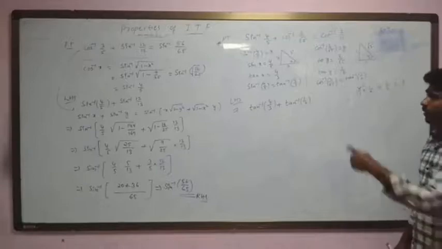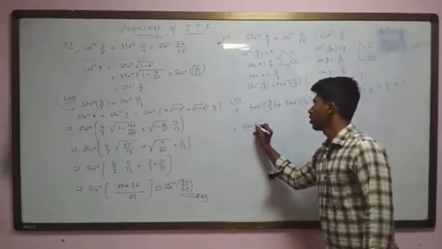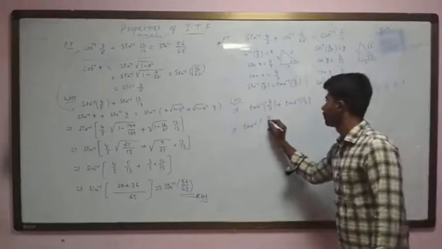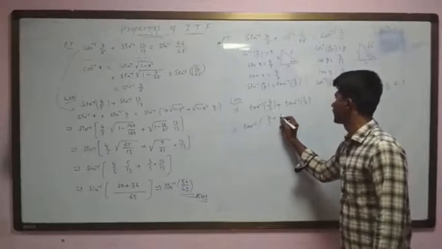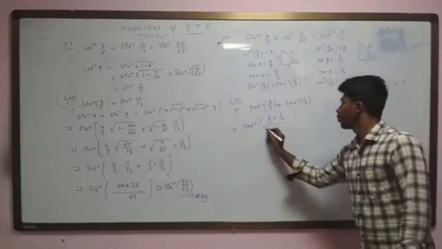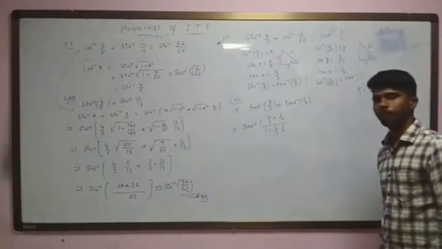For xy less than 1 we have to go with the first formula, which is nothing but tan inverse of x plus y by 1 minus xy, 4 by 3 plus 1 by 2 by 1 minus 4 by 3 into 1 by 2.